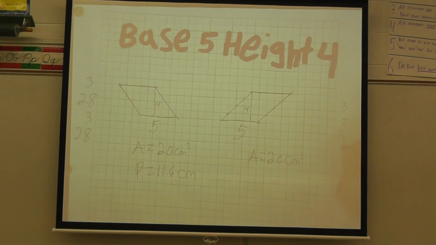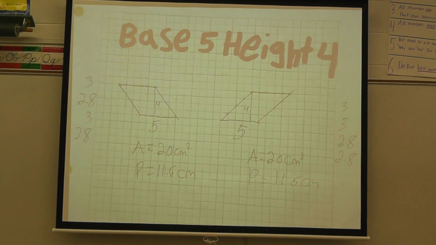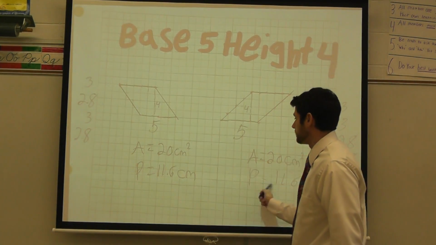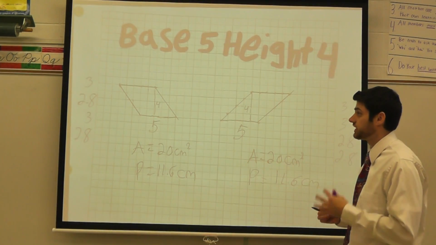I think I said 3 earlier. It's 2.8 there, and this side again is 3. So 3 plus 3 is 6, 8, 10. The perimeter is going to be 11.6 centimeters. So when I used my ruler to measure, I actually ended up with the same perimeter for those two parallelograms. Again, that was for my conjecture.